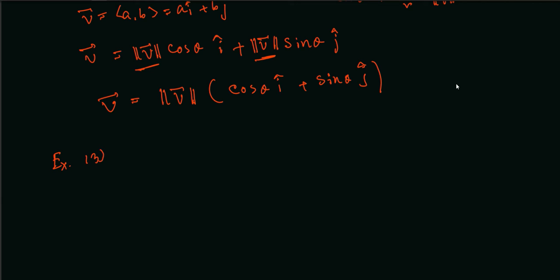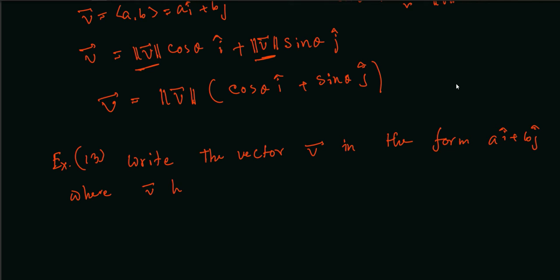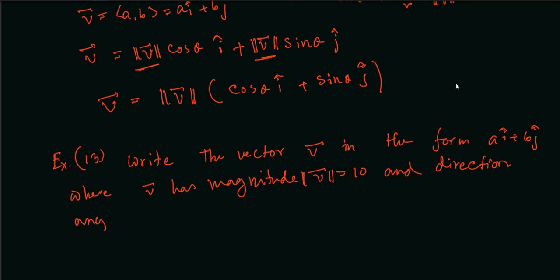Let's use this representation of vectors in real examples. Example 13 in the lecture note. Write the vector v in the form ai plus bj, where v has magnitude 10 and direction angle theta equals 3 pi over 4.